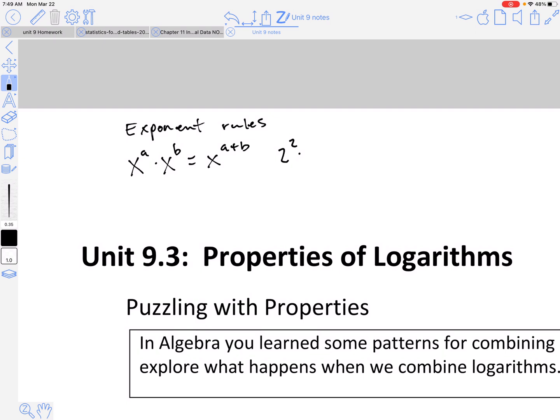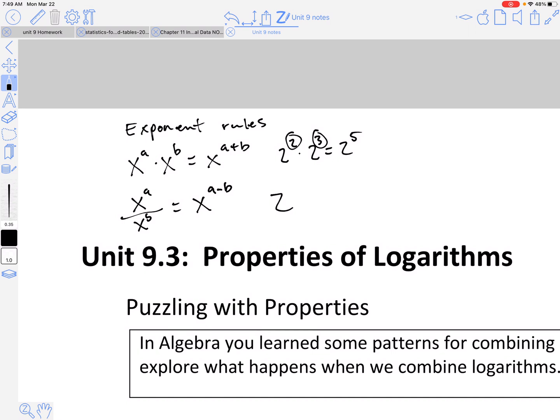2 squared times 2 to the third just means that we're multiplying 2 1, 2, 3, 4, 5 times. We could just add those. So the multiplication meant we were adding our exponents. Other thing, x to the a over x to the b, if they were dividing instead of multiplying. That'll be a minus b, if you remember.